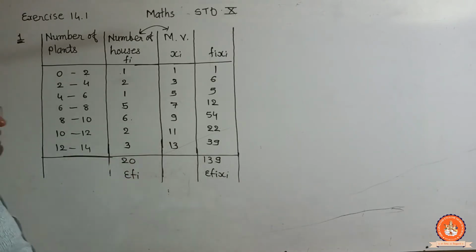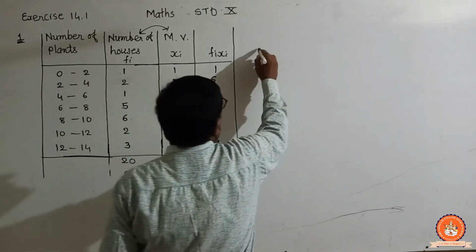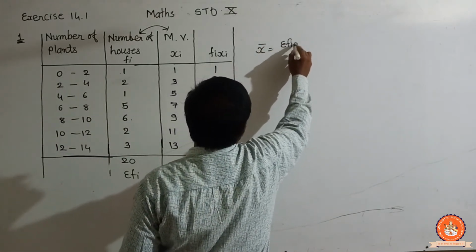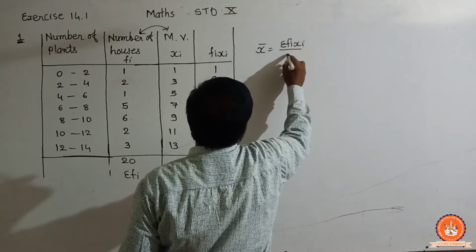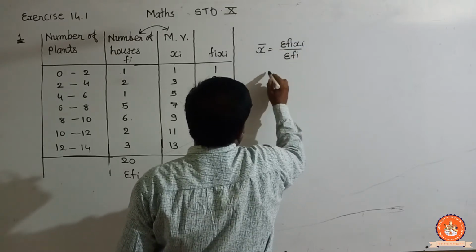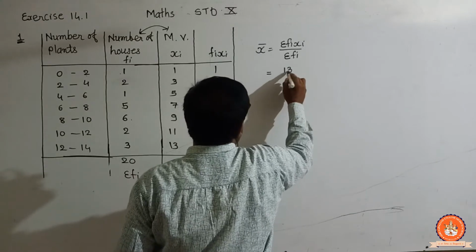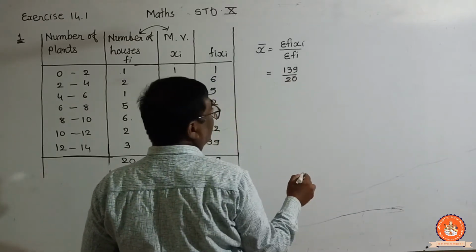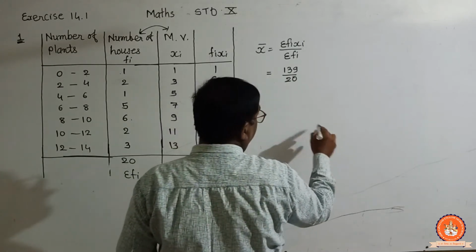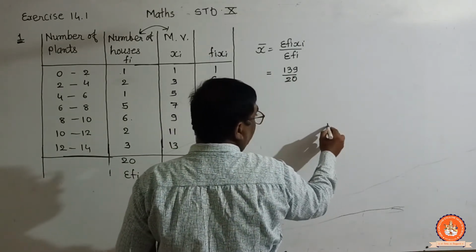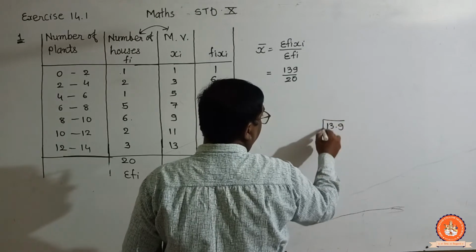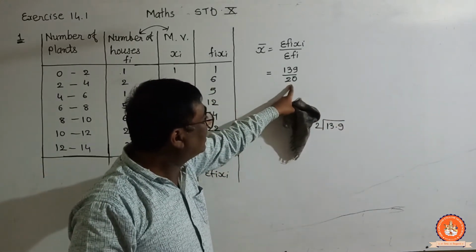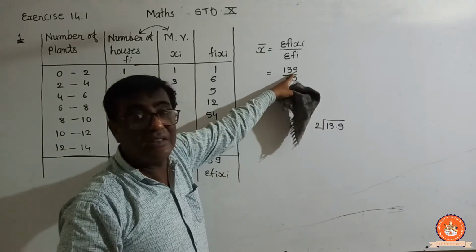So we will use direct method here. X bar is equal to sigma fi xi divided by sigma fi. Okay. So 139 divided by 20. And when you divide 139 by 20, see 2 is there. So you can divide 13.9 by 2. 1 0 is cancelled, the point is put between 13 and 9.